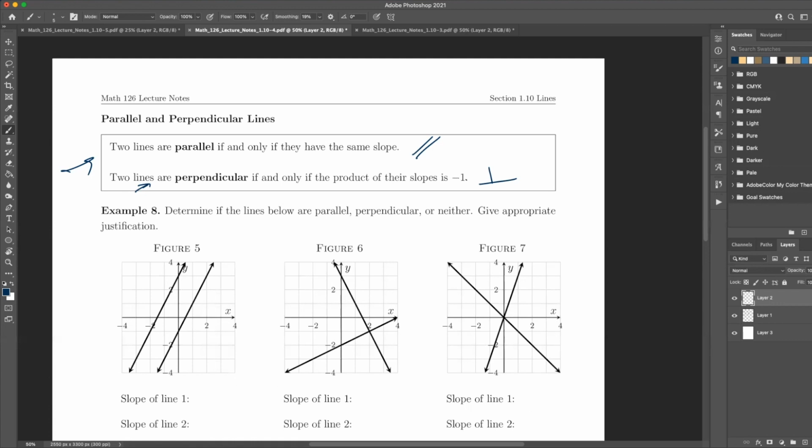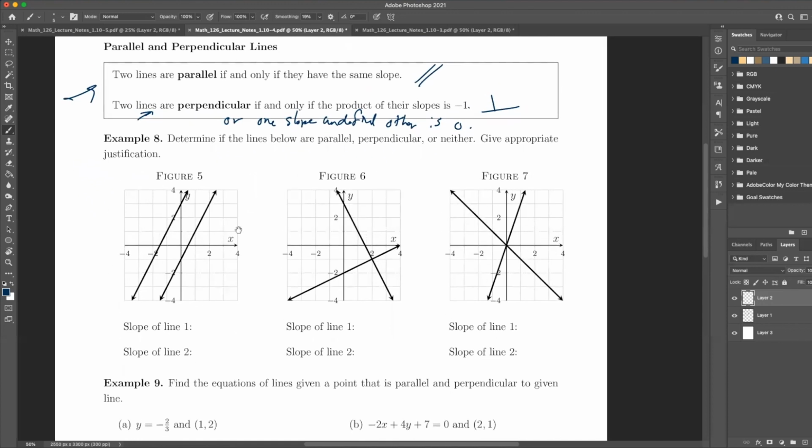The one that breaks this is when the product of slopes is -1, or one slope is undefined and the other is 0. AKA a horizontal line is perpendicular to a vertical line, and vice versa. So we need to add that. The book leaves it out. I don't know why.